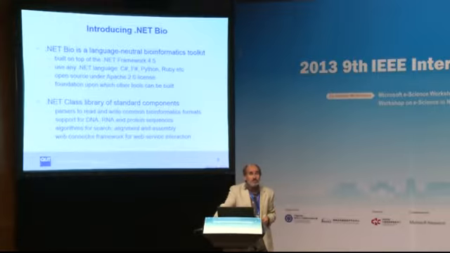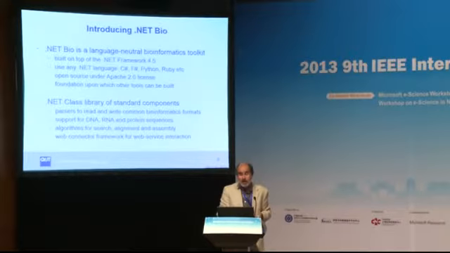Fundamentally, it allows you to build applications based on any number of CLR-compliant languages, so C#, F#, Iron Python, Iron Ruby, and so on. It's open source, released under the Apache 2.0 license under the auspices of the Outercurve Foundation, and it's fundamentally a foundational library on which other people can build software and to enable people to make contributions.